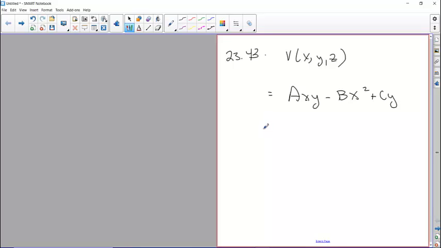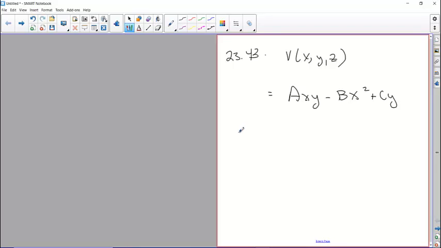So if we go to the book and look for the appropriate equation, if you go to page 775, which is a summary of the chapter, you'll see that the components of the electric field are negative the partial derivative of the voltage with respect to x.